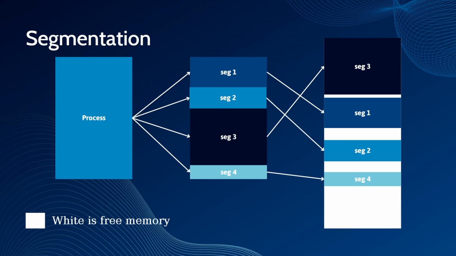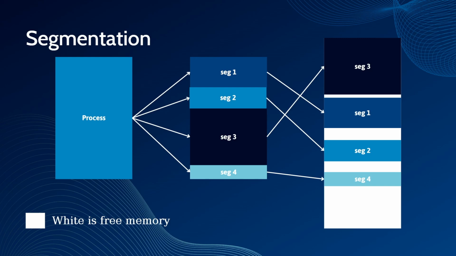Benefits of segmentation. Logical organization. Supports the logical division of a program into meaningful units, improving modularity and management. Dynamic allocation. Allocates memory based on segment size, which can be more efficient for processes with varying memory needs.